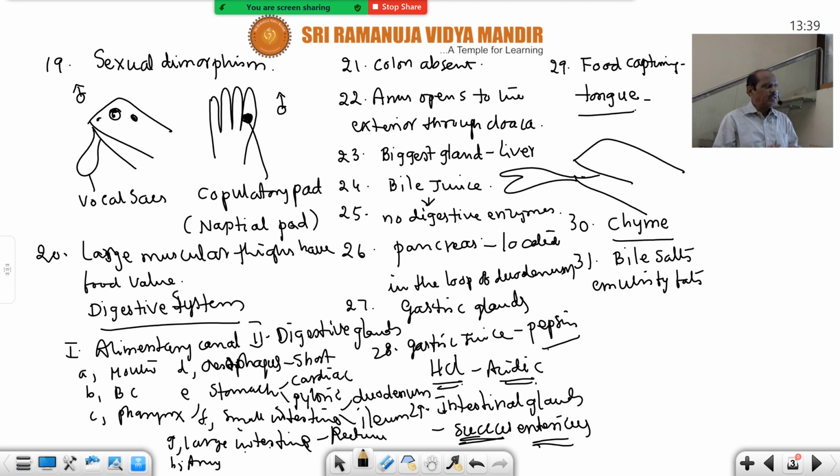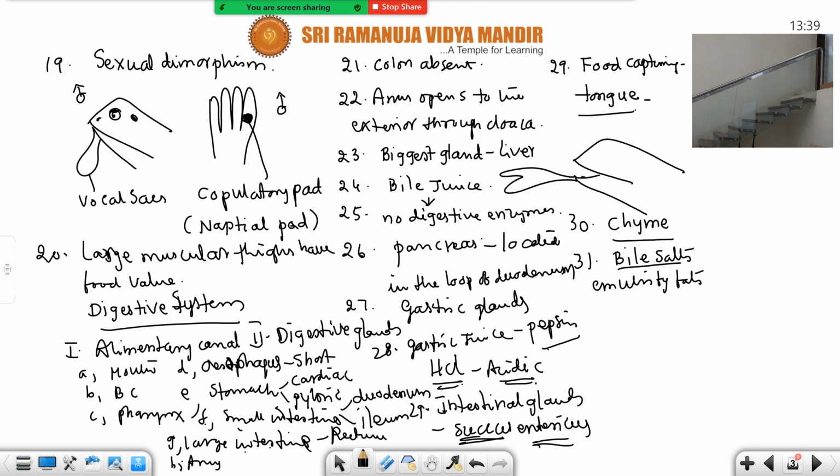In the same way here also the fats are emulsified by bile salts, sodium taurocholate and sodium glycocholate. Bile salts are simply mentioned; need not worry about the detailed account of the process of digestion in the frog.